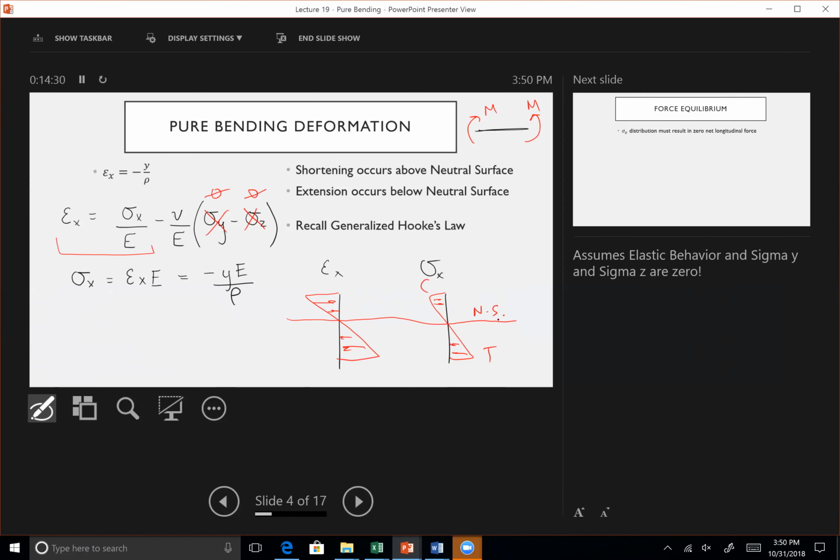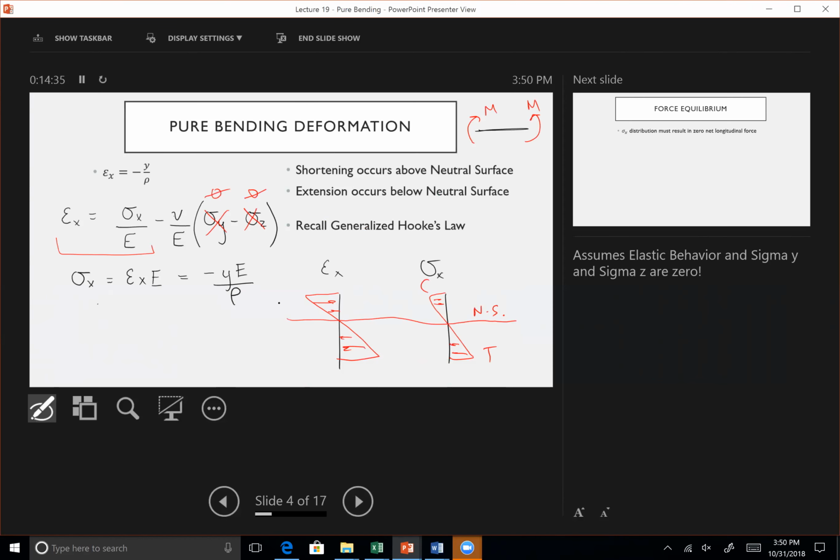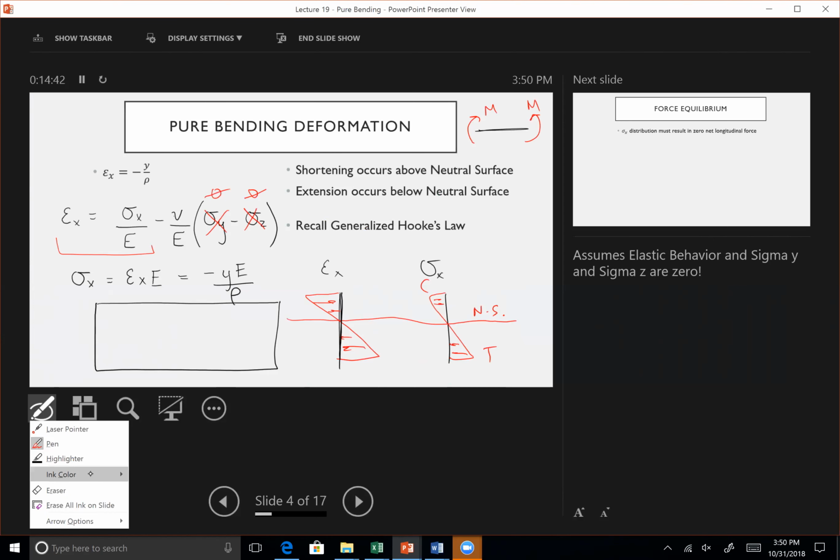So if this were our beam, what I'm saying is that this represents a plane on that beam. And I'm saying that the strain at any point is given by that curve or that line.